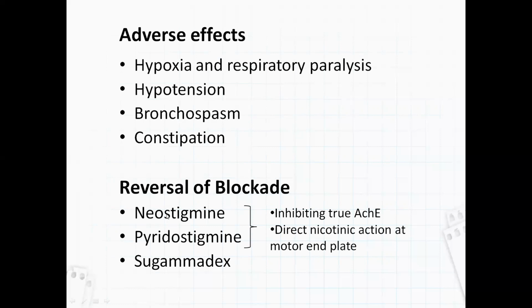The drugs which are used for the reversal of blockade are neostigmine and pyridostigmine, and they act by inhibiting the true acetylcholinesterases. These true acetylcholinesterases normally degrade the physiological acetylcholine.